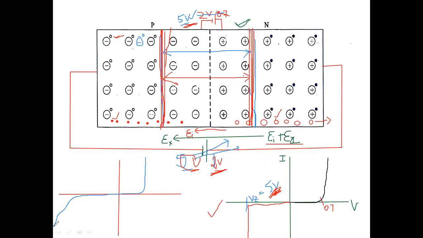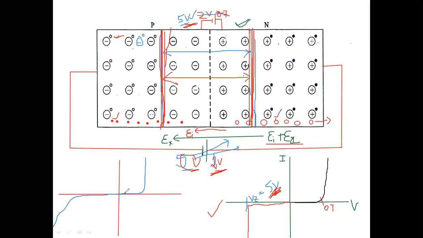These are the characteristics of PN diode. Blue color here is the characteristic of PN diode. And now in green color, I am drawing the characteristics of Zener diode.